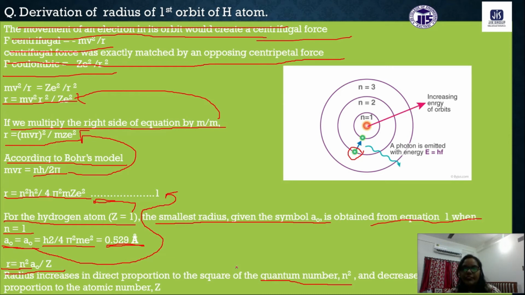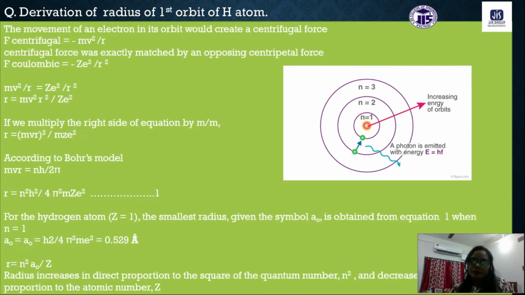If the quantum number decreases, the radius will decrease. Understand? So this derivation is very, very important. You can get this type of derivation in your exam, so you have to practice well.